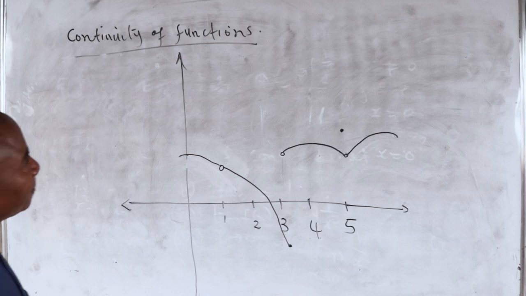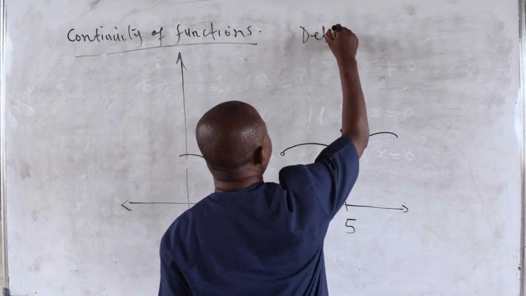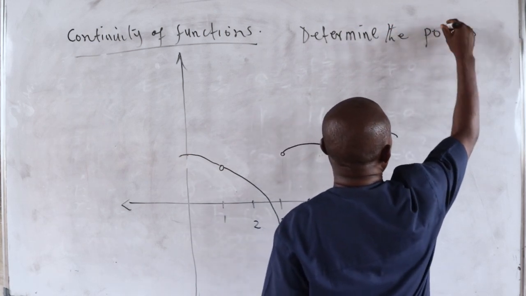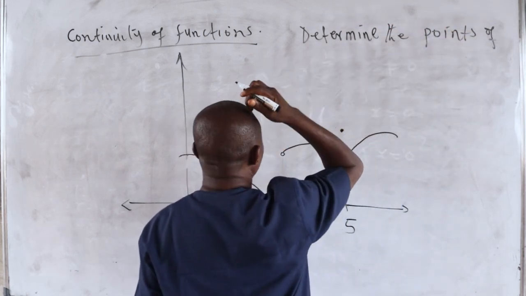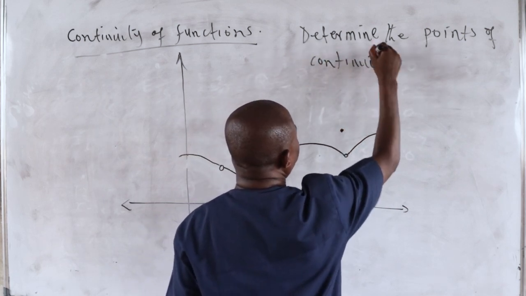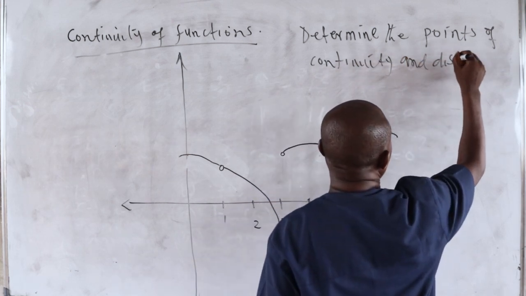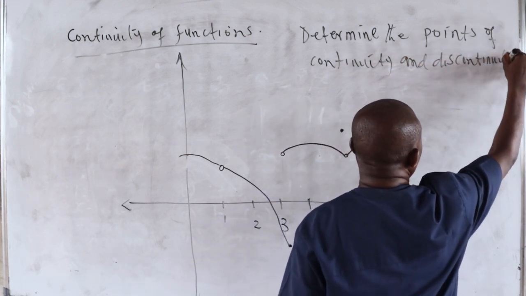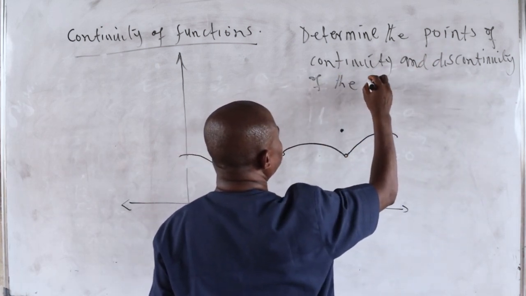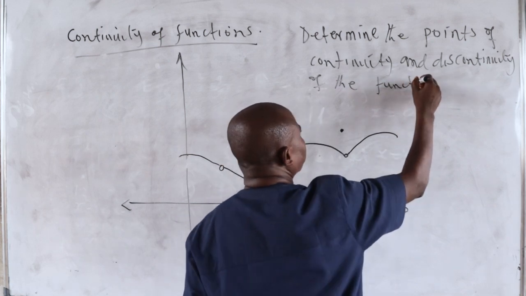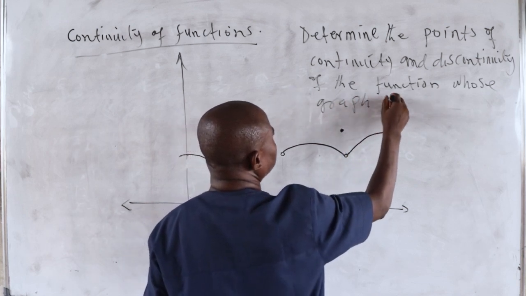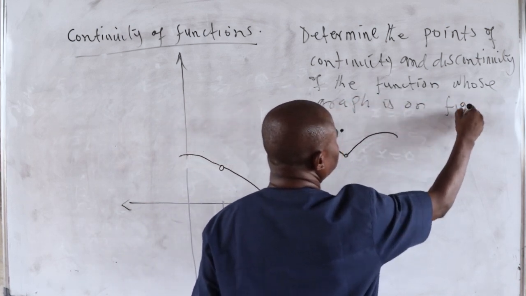Now the question is, determine the points of continuity and discontinuity of the function whose graph is in the figure below.